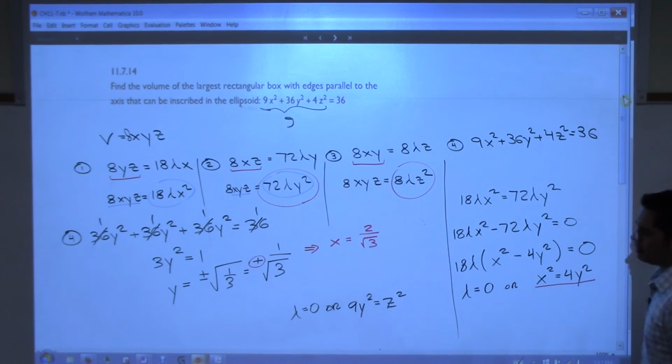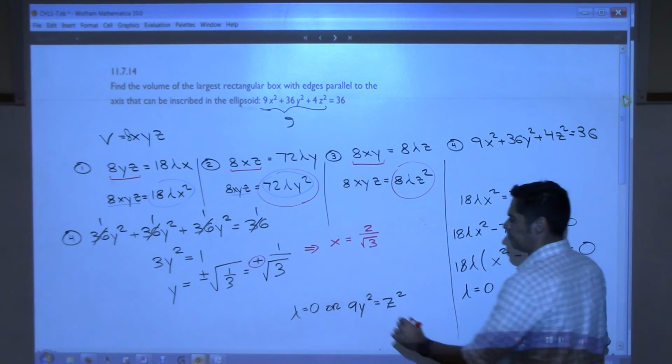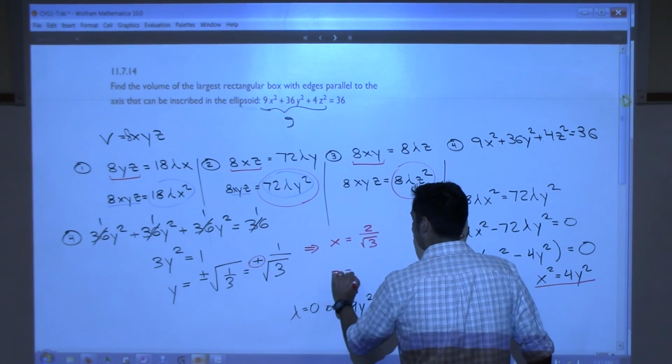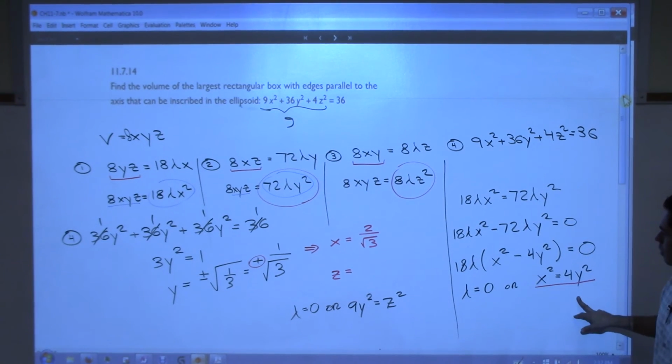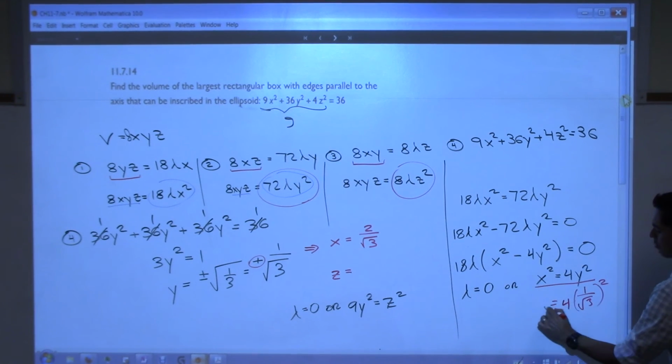And finally, you could get z. What would z be? Hold on, because what we're doing is 4, and then what's y? It's 1 over root 3, but then you're squaring it. That's what x squared is.